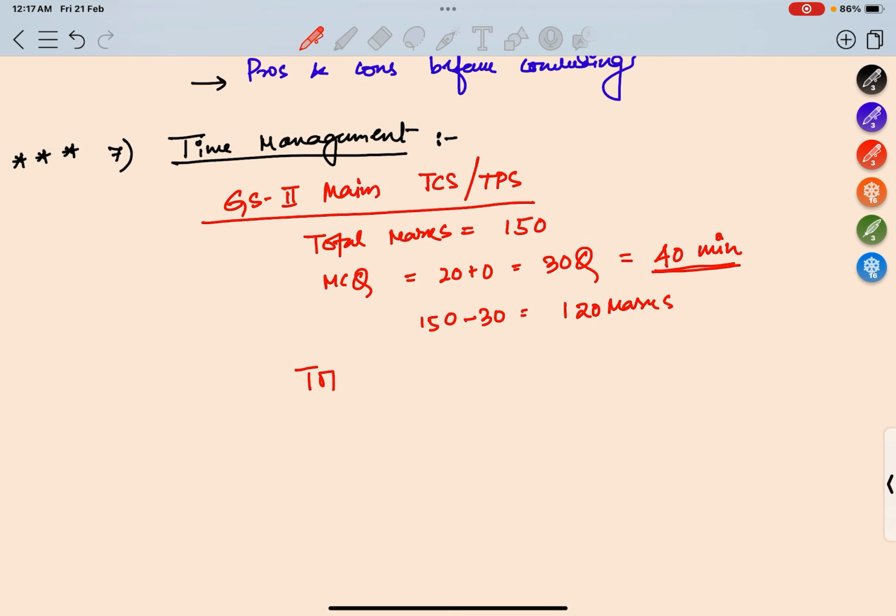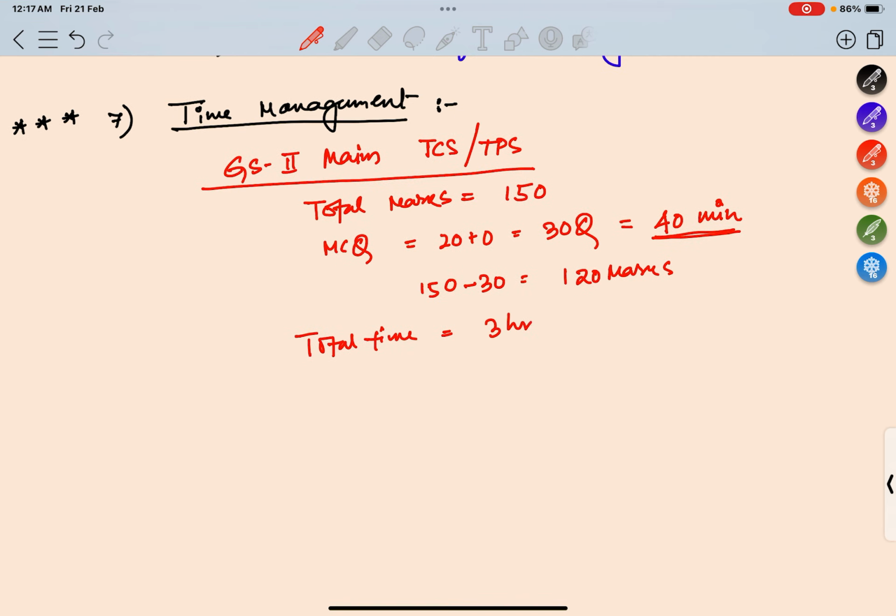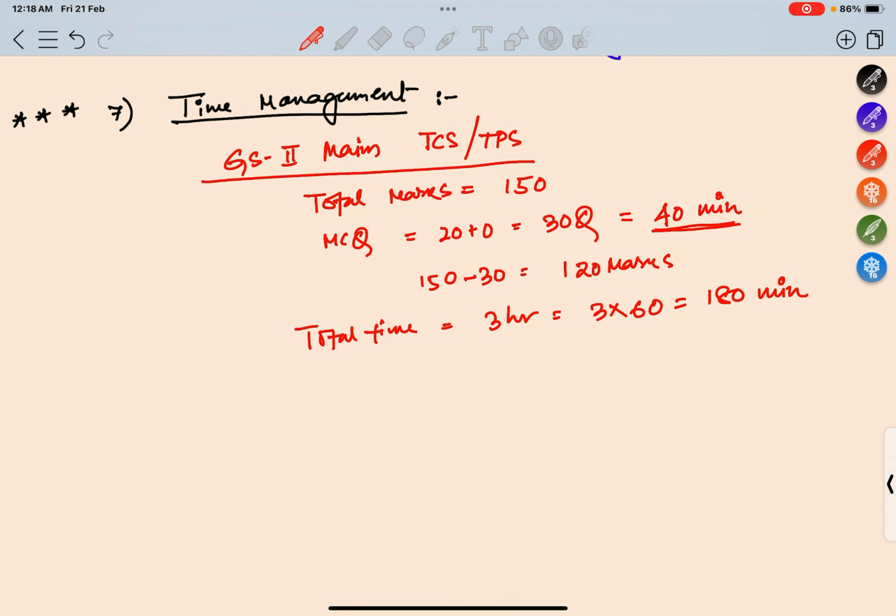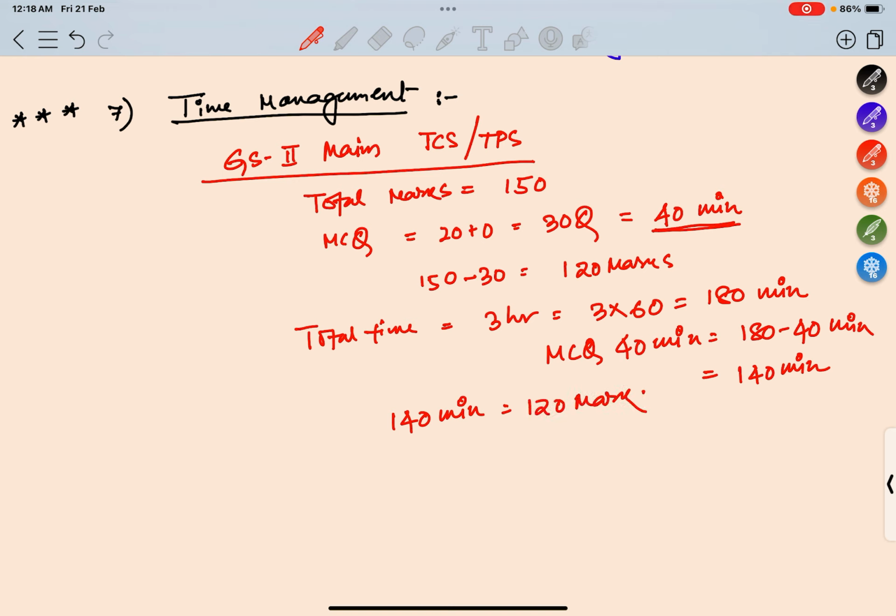The total time of the examination is 3 hours, that is 180 minutes. If 40 minutes are gone for MCQ, 180 minus 40, you have 140 minutes. So 140 minutes for 120 marks.